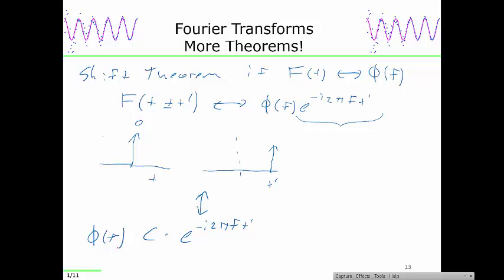Does that make sense to everybody? In other words, it's the Fourier transform of that, which is a constant, multiplied by e to the I 2 pi ft, corresponding to the fact that I've moved that over. Good? Sort of? Should I go through that a little more explicitly? Okay.